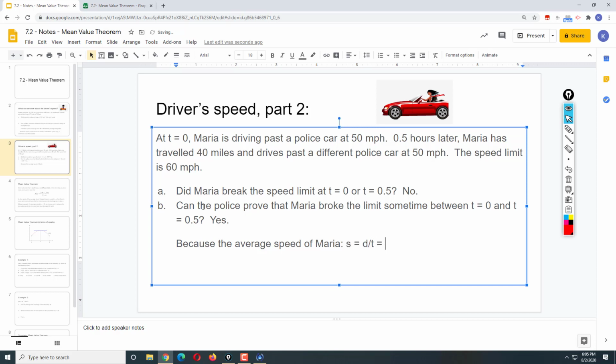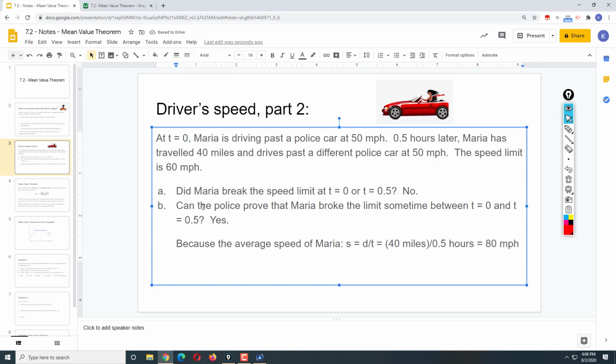She has driven how many miles? The question says Maria has traveled 40 miles. So 40 miles is the distance. How much time happened? 0.5 hours, because from t equals 0 to t equals 0.5, the time elapsed is 0.5 hours. 40 miles divided by 0.5 hours is 80 miles per hour.